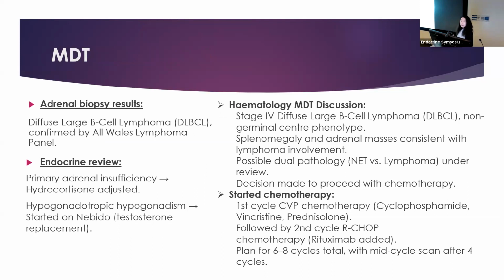We referred to the hematology team, and at the hematology MDT discussion, the outcome was possible dual pathology, NET versus lymphoma, and they decided to start chemotherapy. The endocrine team also reviewed for primary adrenal insufficiency. We did the full hormonal panel, and he also developed hypogonadotropic hypogonadism, so we started testosterone replacement.